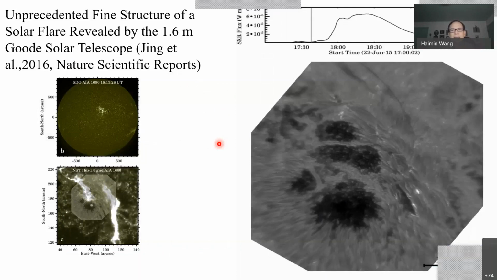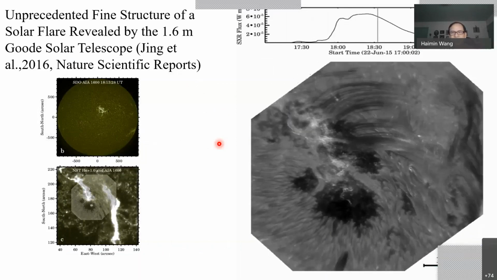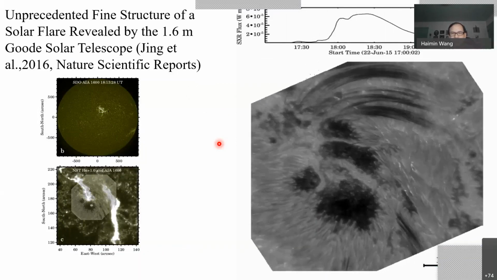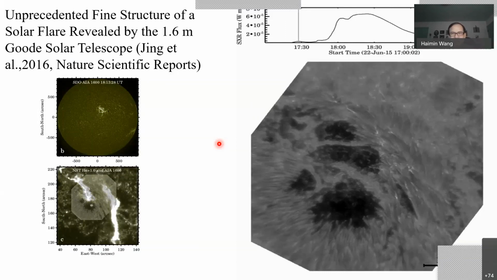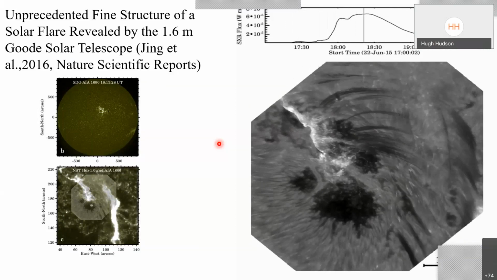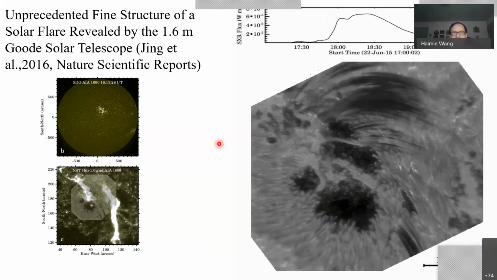Okay, so this is one of the flares that received a lot of attention. I just want to point out a few things. This is one event. I will show a few other results. The description of that flare was published in Nature Scientific Reports by Jin.